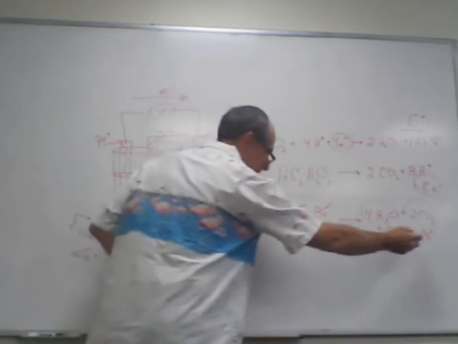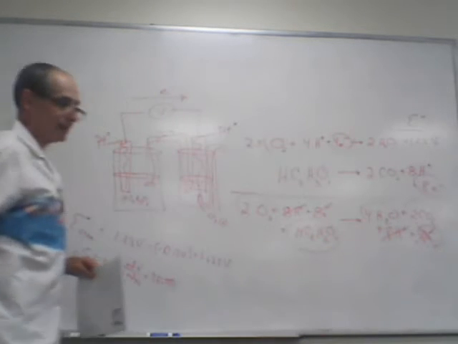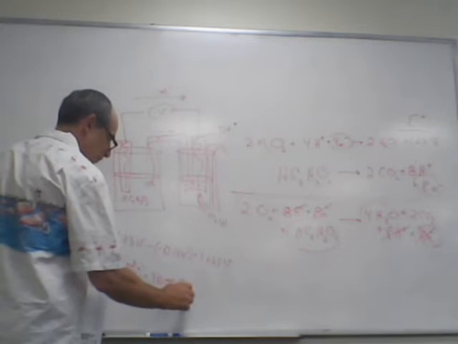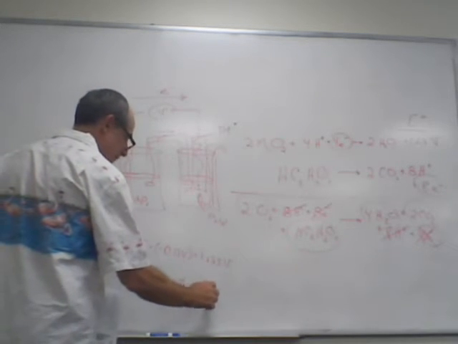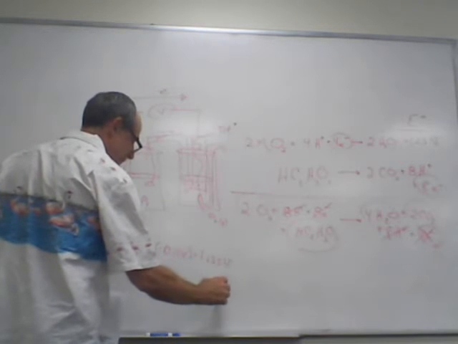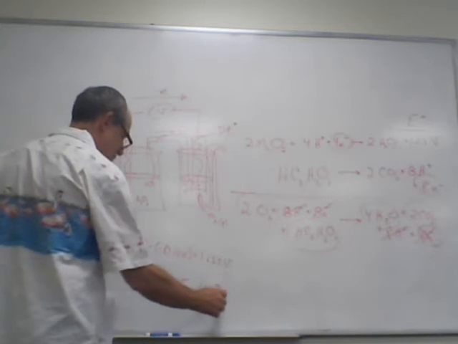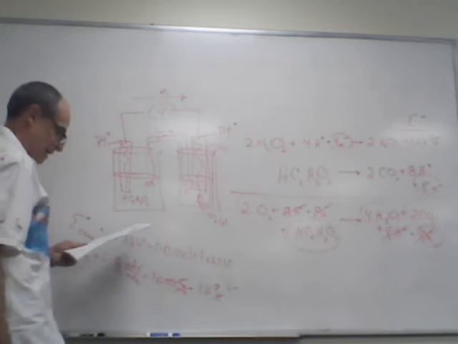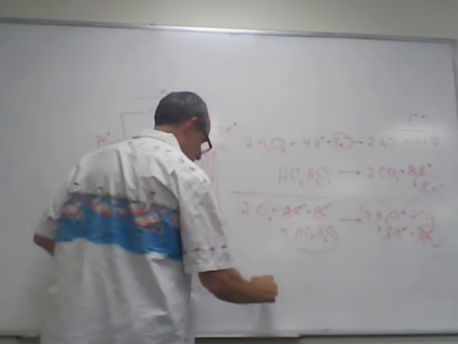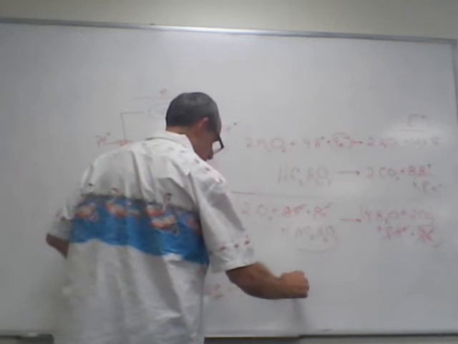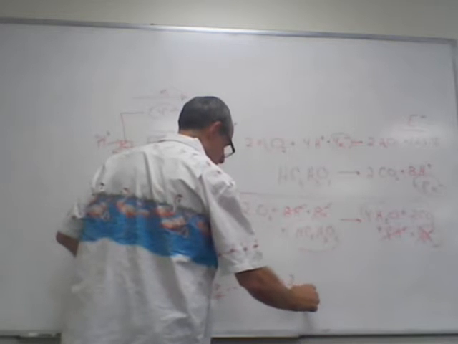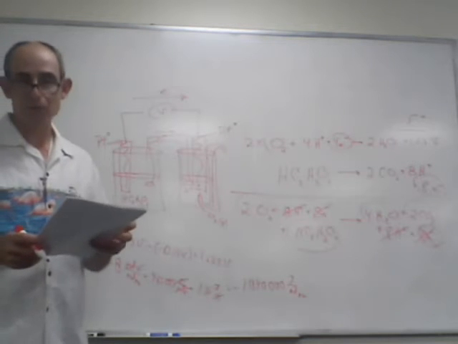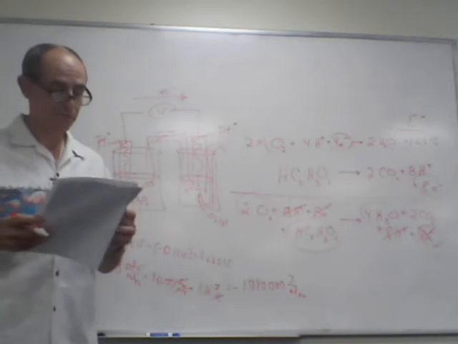Remember that 8 came from the number that we crossed out over here; 8 electrons were lost and gained. I'll write a volt as a joule per coulomb. Now my coulombs cancel and my moles of electrons cancel, and I've got for the final answer here negative 1,040,000 joules per mole of reaction, or negative 1,040 kilojoules per mole of reaction, or even negative 1.04 megajoules per mole of reaction.